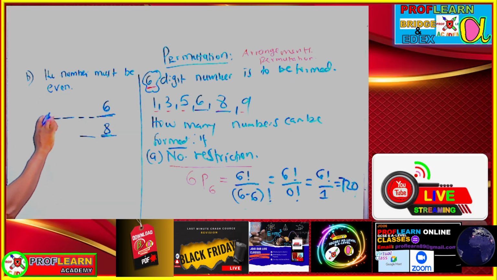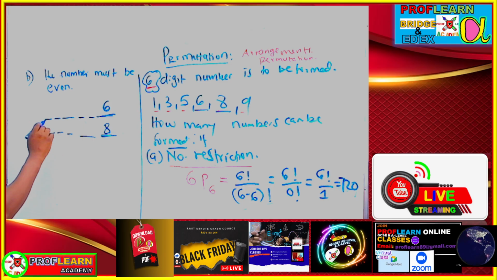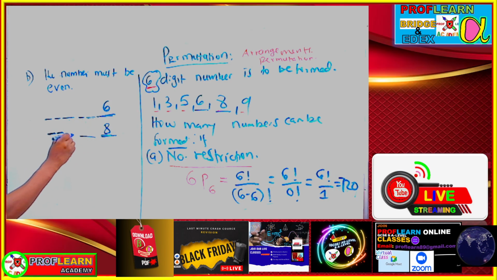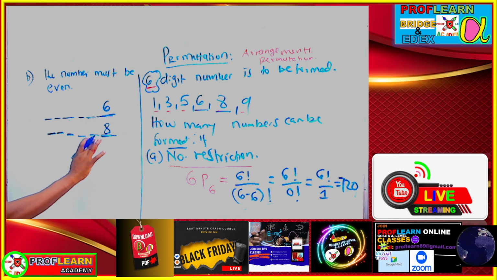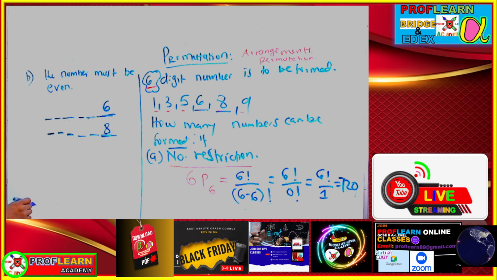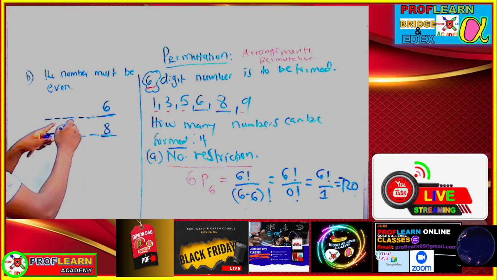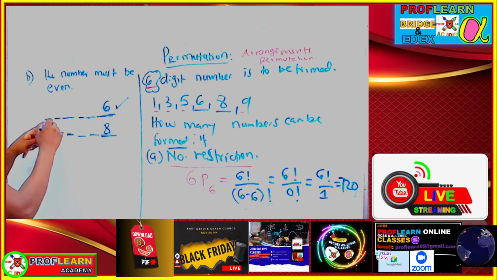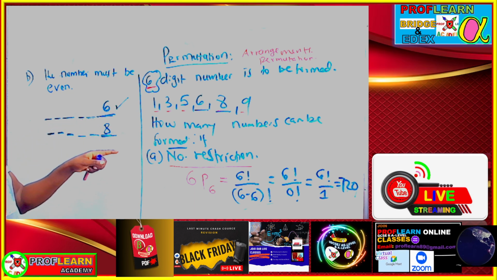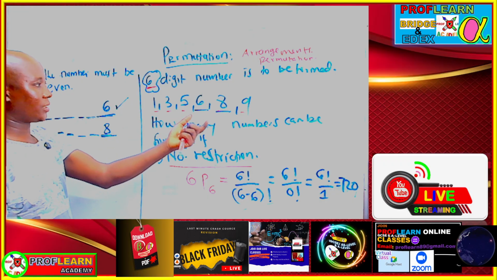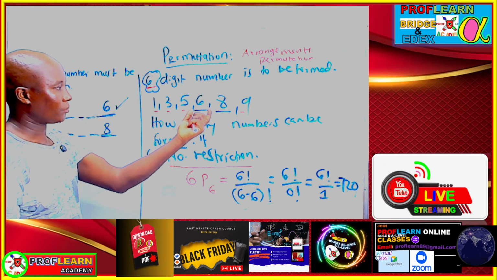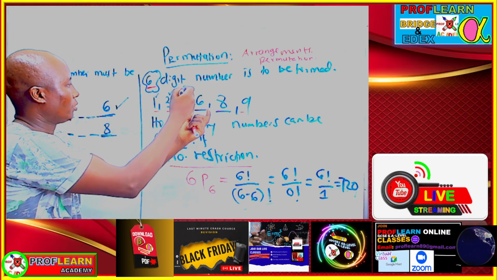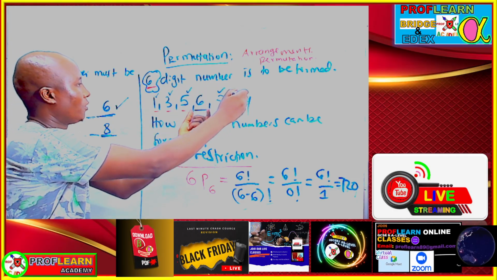So we are going to have 1, 2, 3, 4, 5 options remaining. Which means that for this remaining option, the first case, you have 5 spaces to be filled, and they are going to be filled from 1, 2, 3, 4, 5.